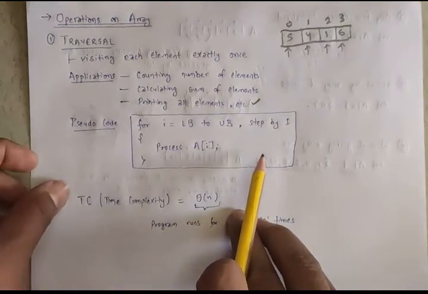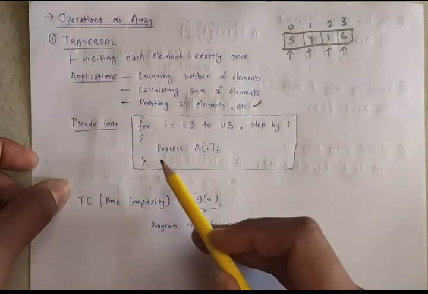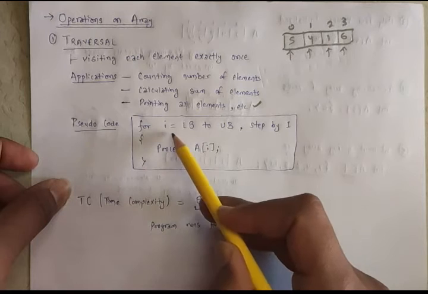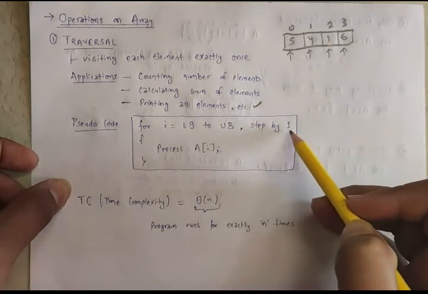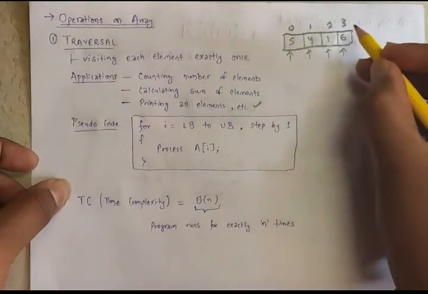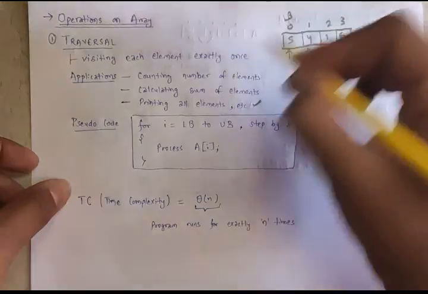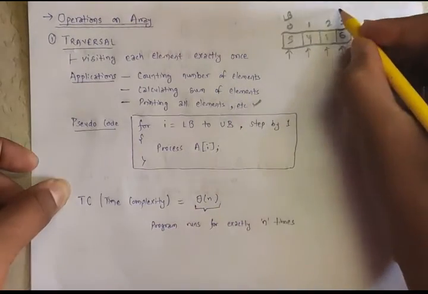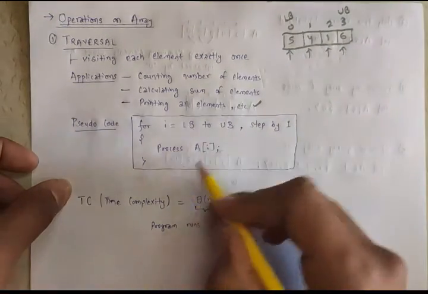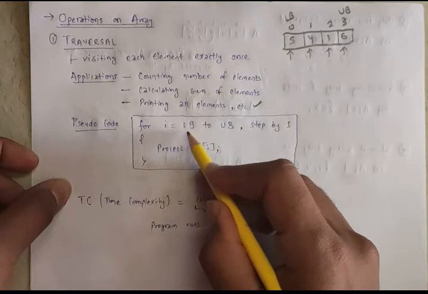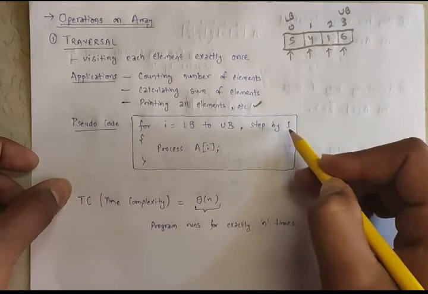The pseudocode for the traversal operation looks like this. For i equals lower bound to upper bound, step by 1, means for this array the lower bound is this, the least index, the upper bound is this, the uppermost index, and we are having a loop from lower bound to upper bound and incrementing it by 1.